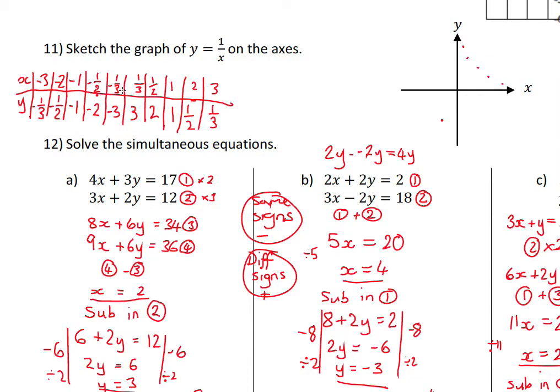Okay, and then the negative values do the same thing, but in a slightly different section of the graph. So -3, the y value is -1/3. -2 gives us -1/2. -1 is -1. -1/2 is -2. -1/3, -3, and so on.